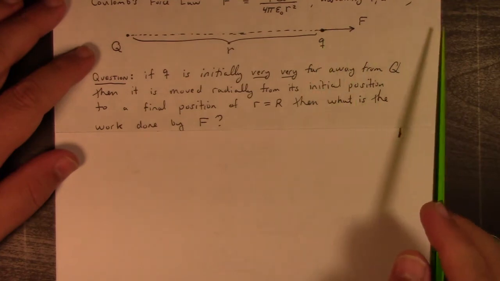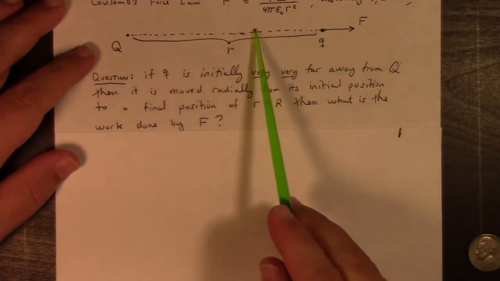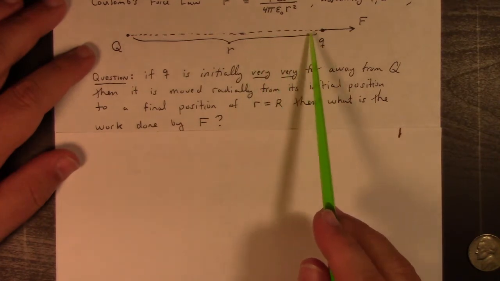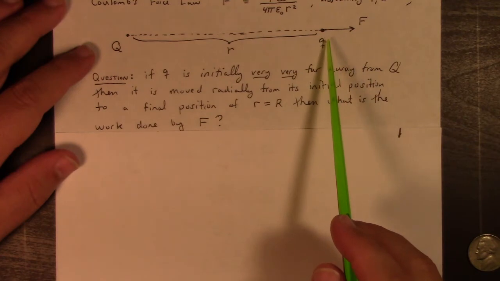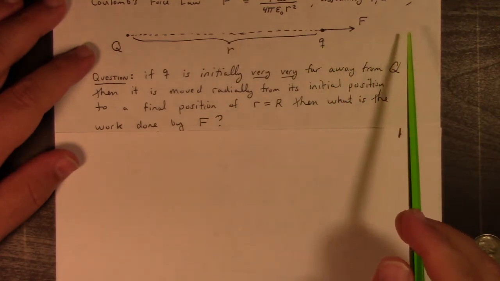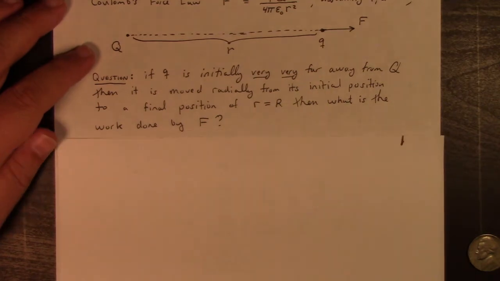So we're taking q from way over here and moving it until we get to little r equal to big R, wherever that is. Maybe it's here. The question is, how much work does it take to move the little q from, let's say, infinity, which is very, very far away, to a finite radius R?